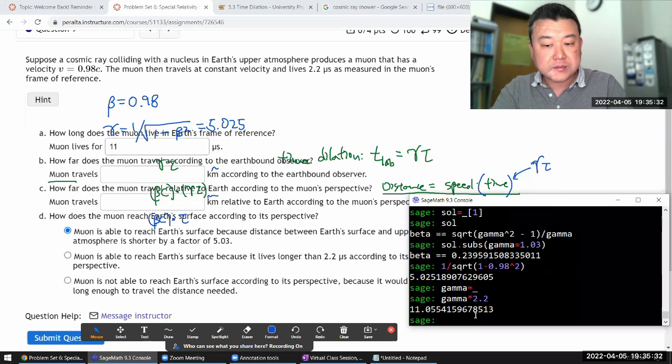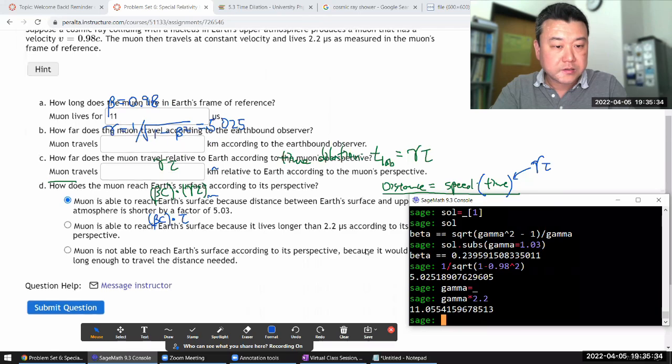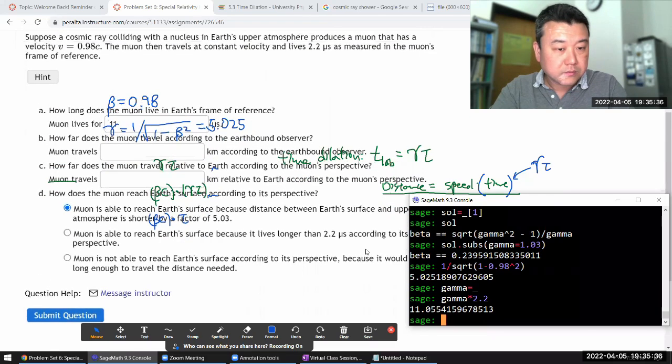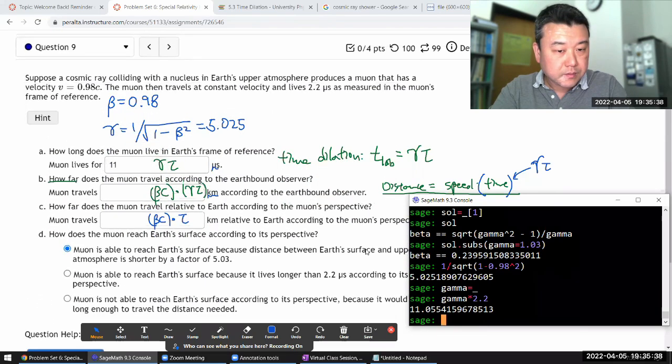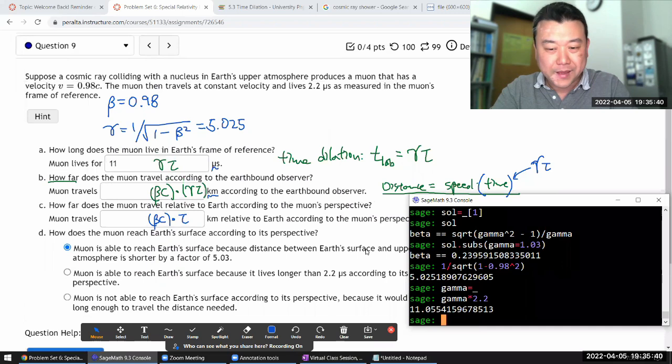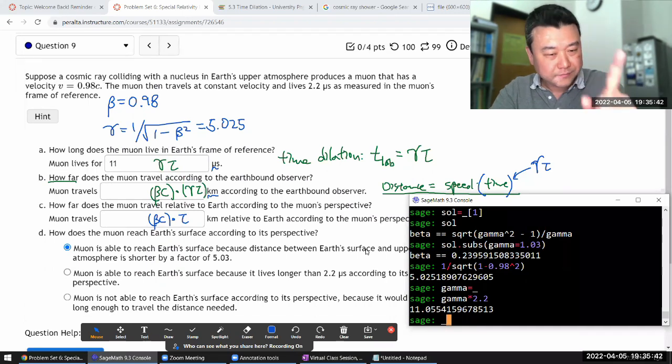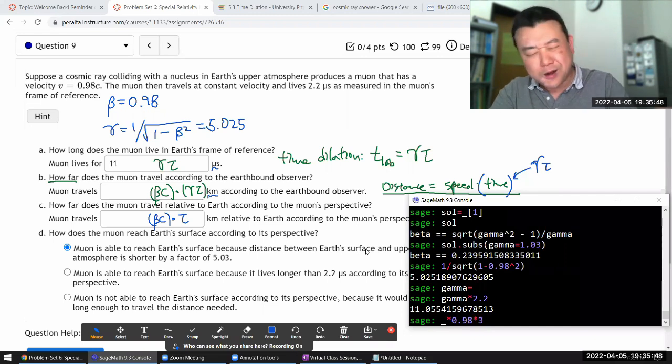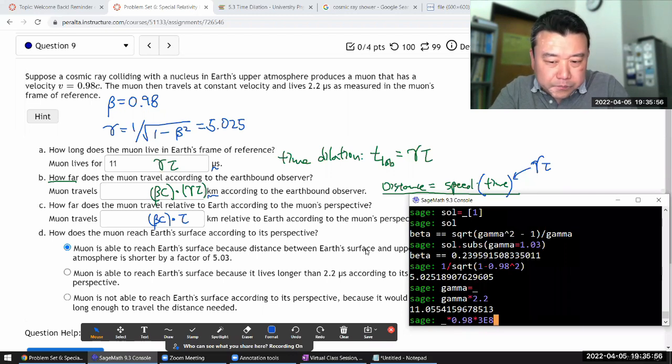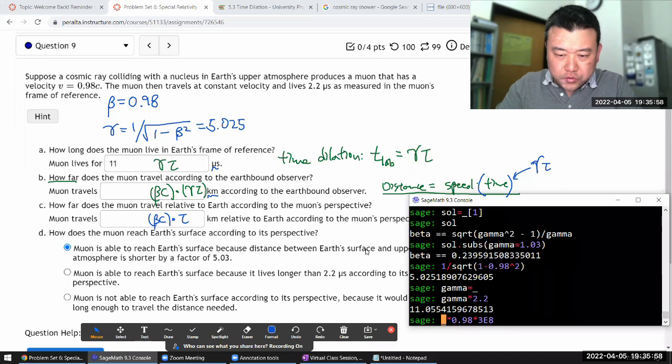And in these 11 microseconds, it travels 11 microseconds times beta, 0.98, times c, approximately 3 times 10 to the power of 8 meters per second. Let me do it this way. I'm going to do the unit conversions in place here.